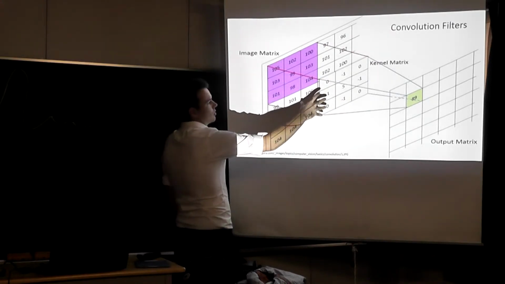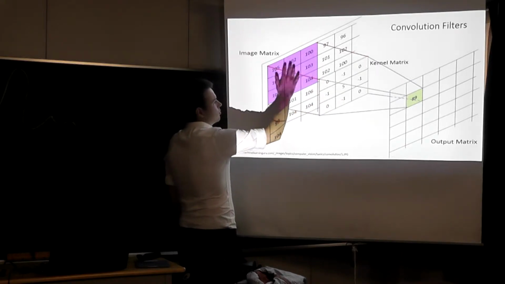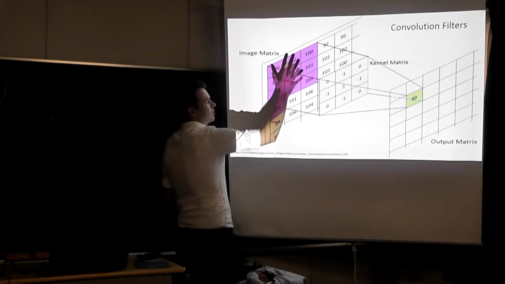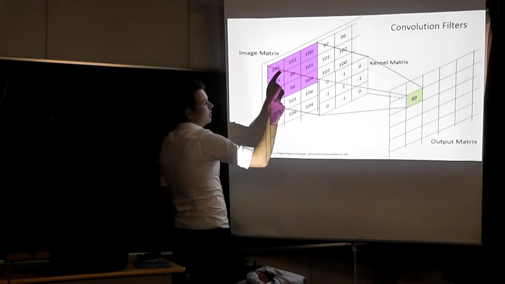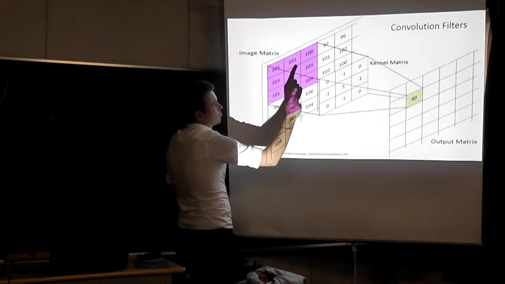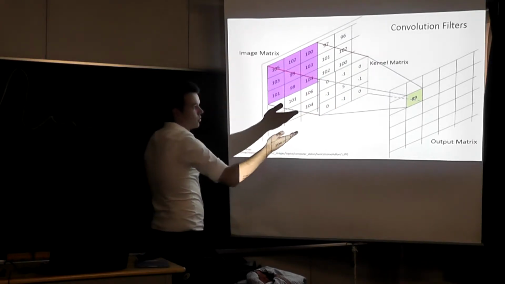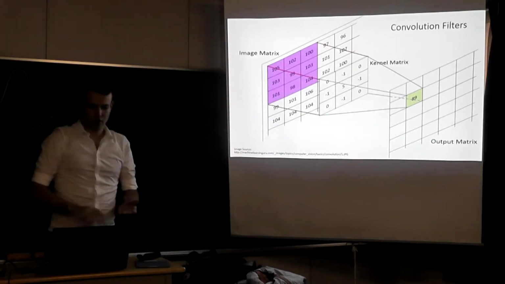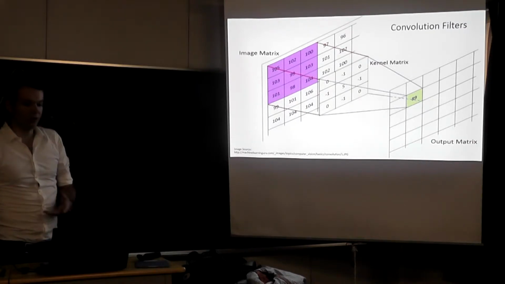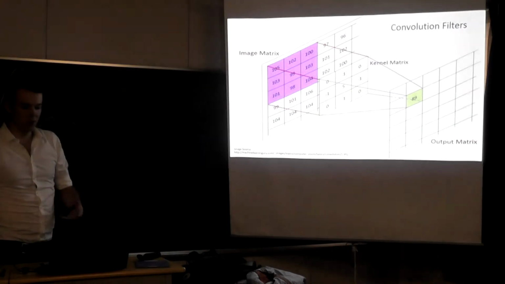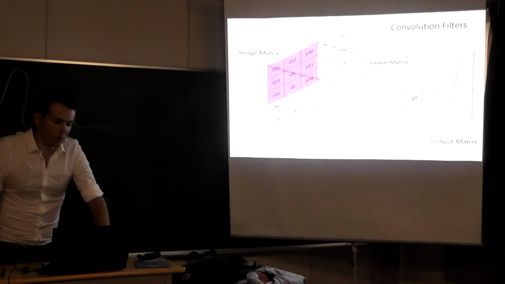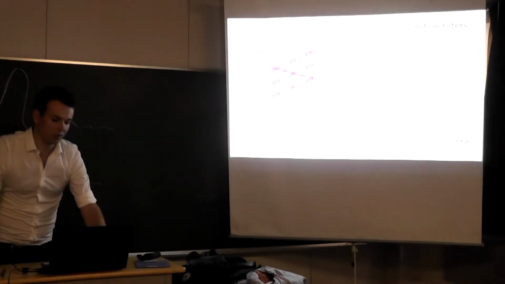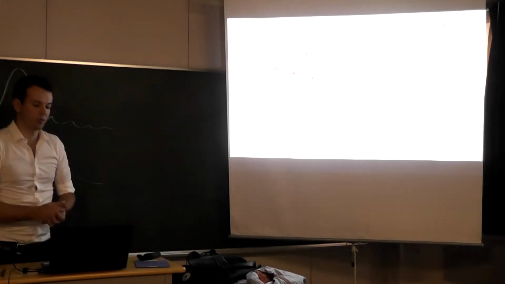What you do is put it over the original picture and multiply the corresponding numbers together, like 0 times 105, minus 1 times 102, 0 times 100, and so on, and sum them up. The result of this multiplication and summation is what we encode in the new pixel of the output image.